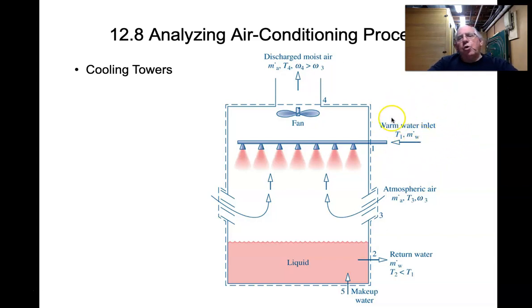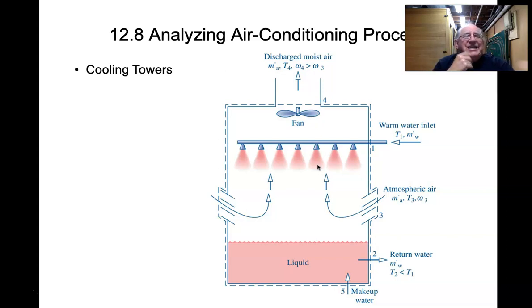And so this warm feed water at a temperature T1 is allowed to be sprayed in, and some of that warm water is entrained by the atmospheric air. The air accepts it, and at the same time, the remaining warm water is actually cooled down.